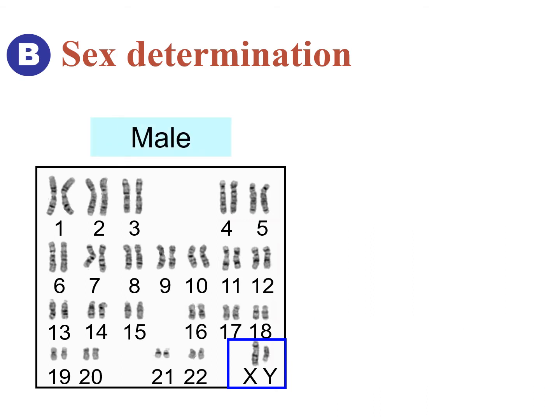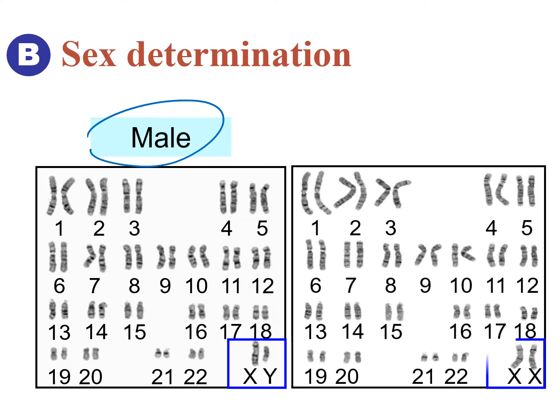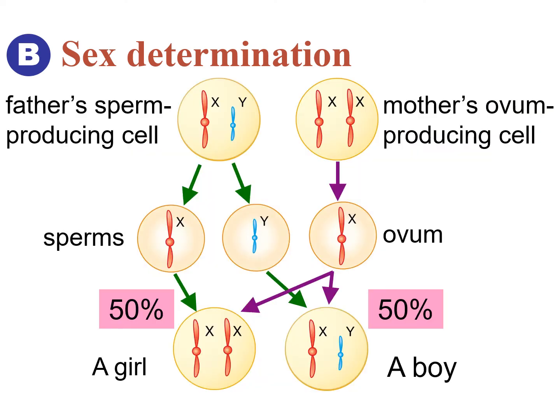If you are a male, you will have one X chromosome and one Y chromosome, one long, one short, with the Y shorter. And if you are a female, you will have the very last sex chromosomes both being the long X chromosome, two of them.